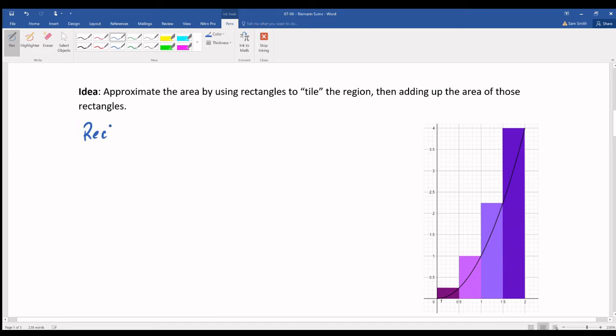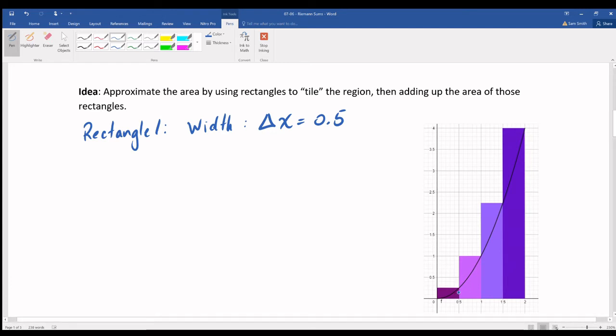So rectangle 1, that's this little guy here on the bottom left. Now this rectangle here on the bottom has a width of 0.5. That's the difference, the change in the x values going from the first 0 to the second endpoint of 0.5.